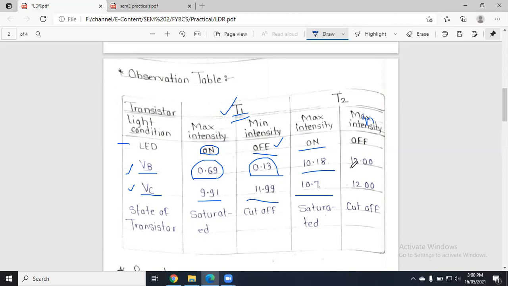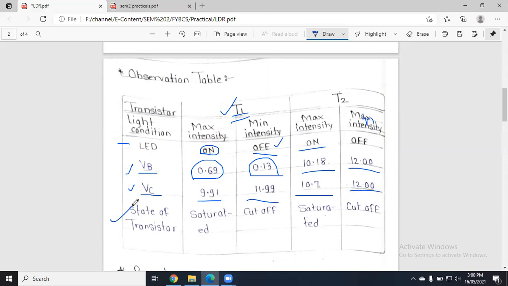This is the minimum intensity, that is, whenever my LED is off, my base voltage is 12 volt and my collector voltage is 12 volt. Now, the state of the transistor. We know a transistor has multiple states: cutoff region, saturation region, active region.